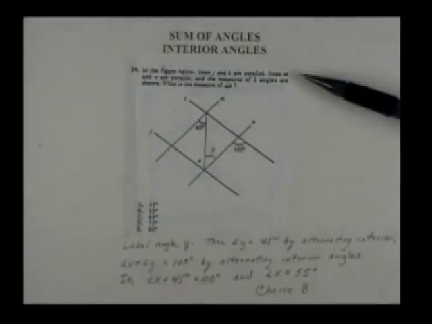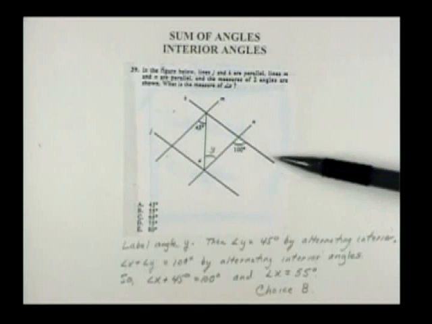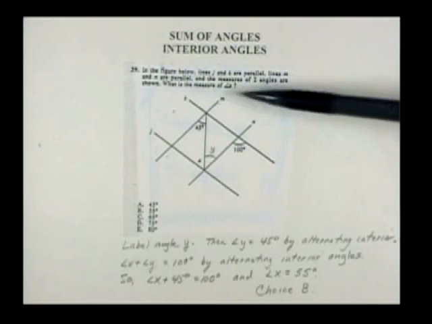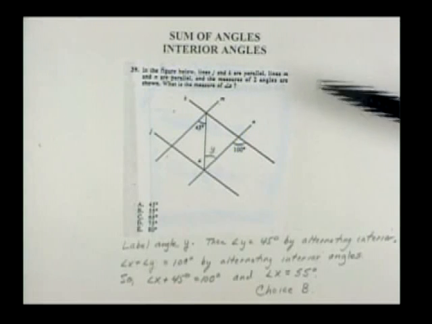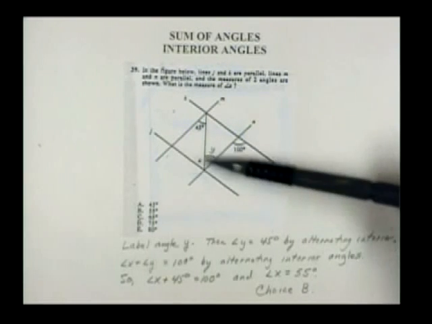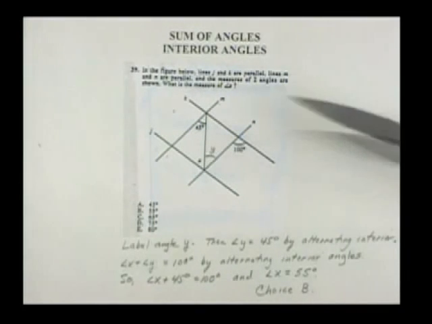In the figure below, lines J and K are parallel. Lines M and N are parallel. And the measures of two angles are shown. This is 45 degrees. This is 100 degrees. What is the measure of angle X? Label angle Y to be this angle.